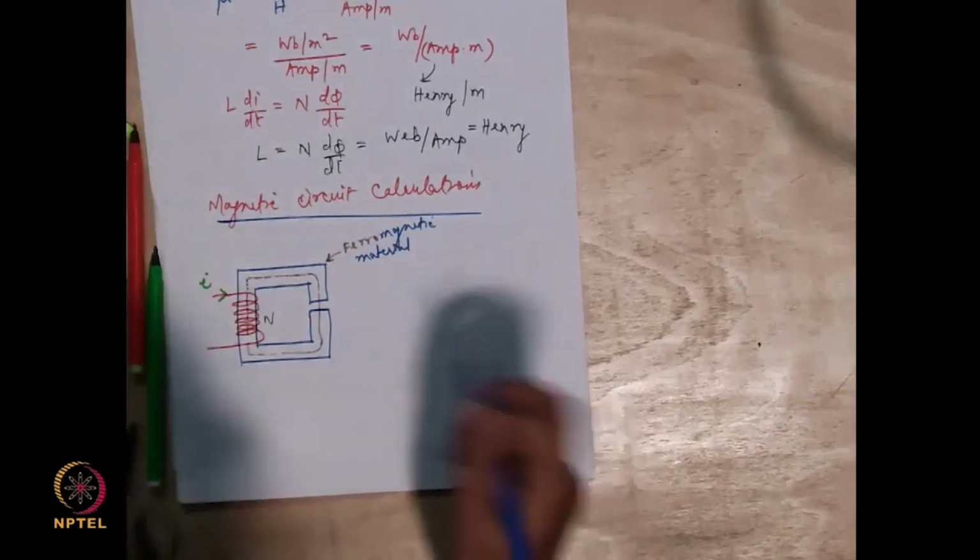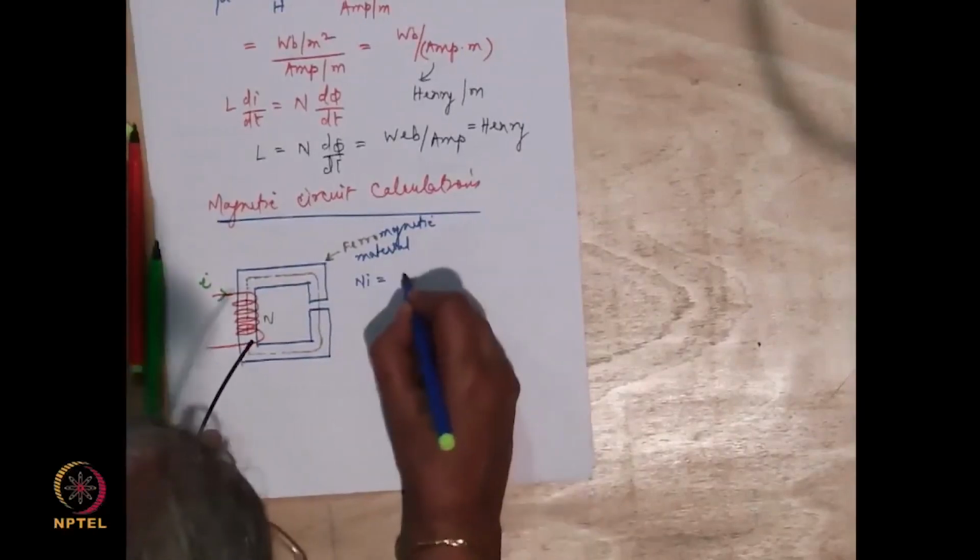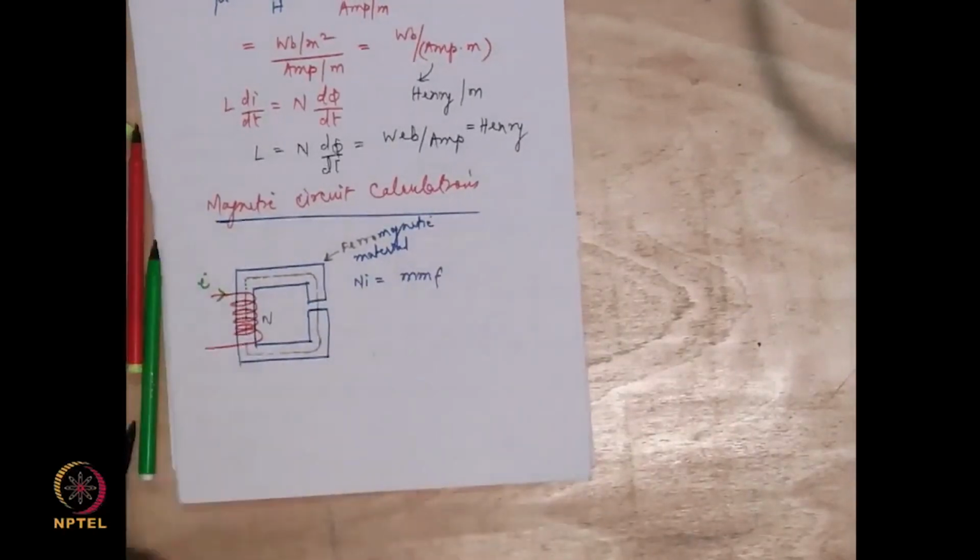Now, I can say that Ni is the total MMF, magnetomotive force, available, which is going to contribute towards producing the magnetic field lines, right? Now, if I look at the overall length of the magnetic circuit, it corresponds to the length of the magnetic field line, right?